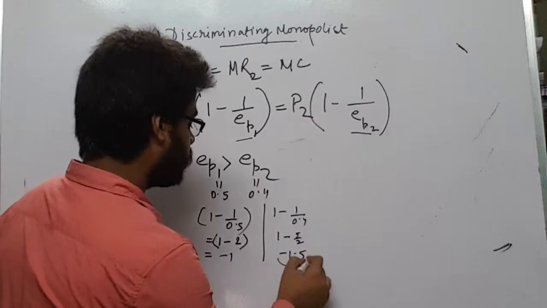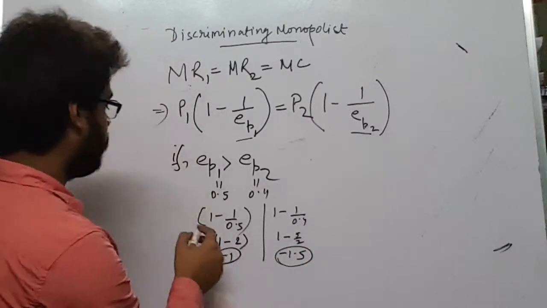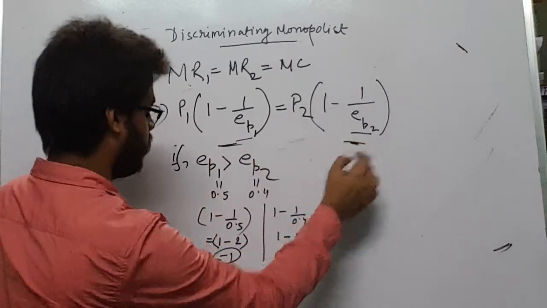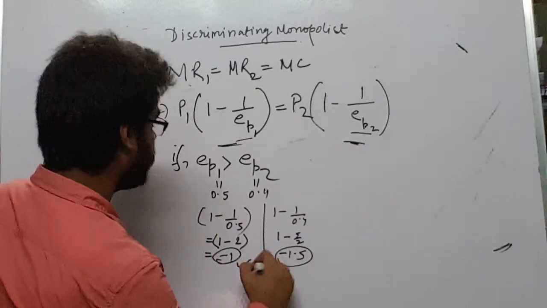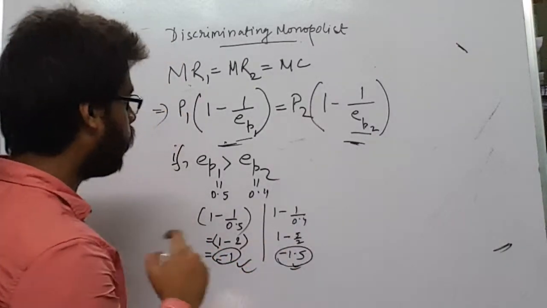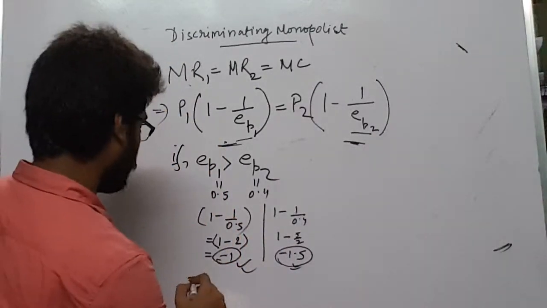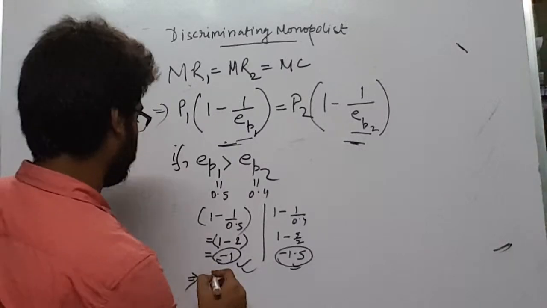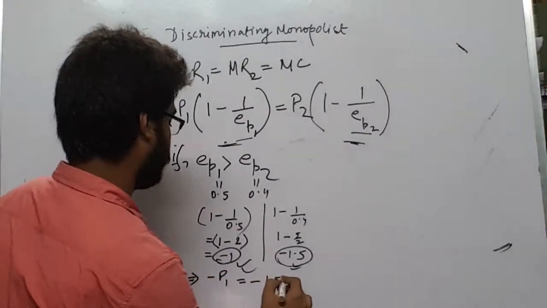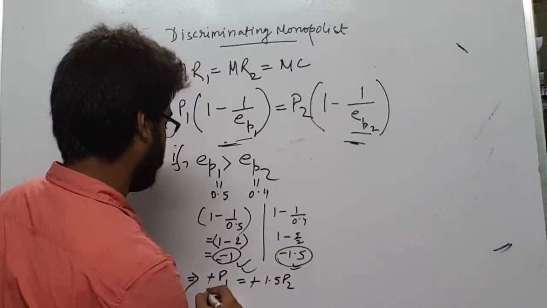We have taken an example for explaining the thing. So see, this elasticity portion is more in case of the first market and less in case of the second market. So the price would be minus P1 equals minus 1.5 P2, cancel the minus.